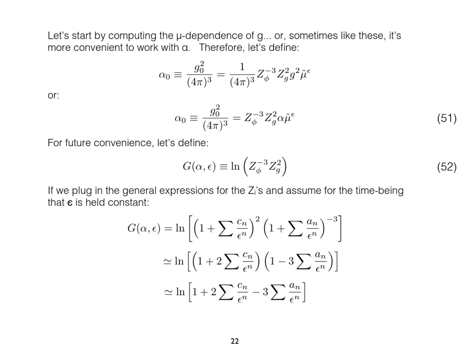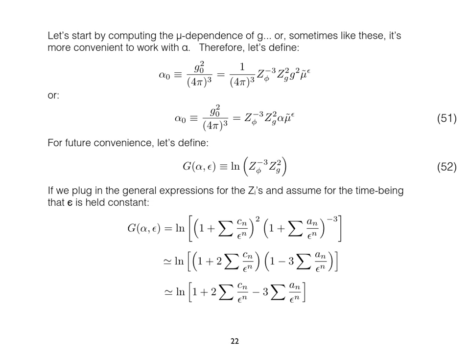But first, what we'll do is not work with g. We'll actually work with alpha. Okay, so we'll just convert it. Right. We'll square both sides of our relationship, and we'll divide through this annoying factor of 4 pi cubed. Right, and that allows us to define alpha. Okay.